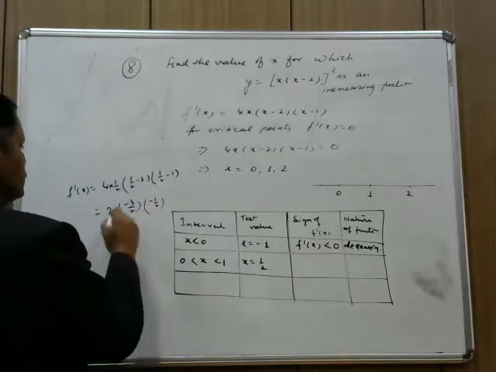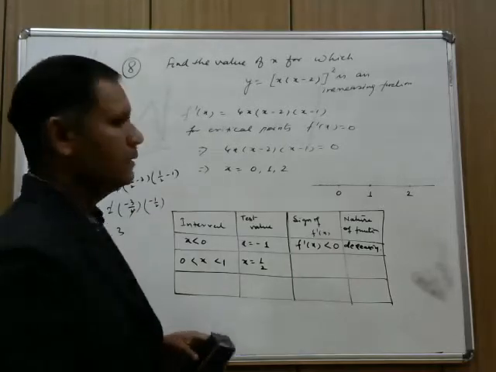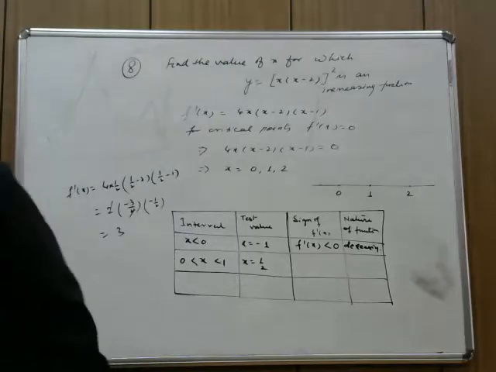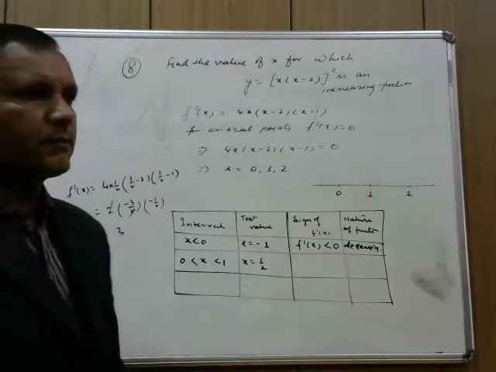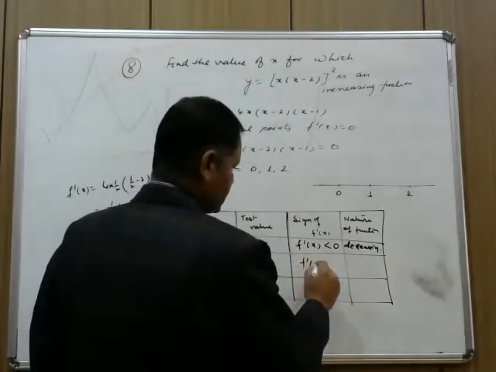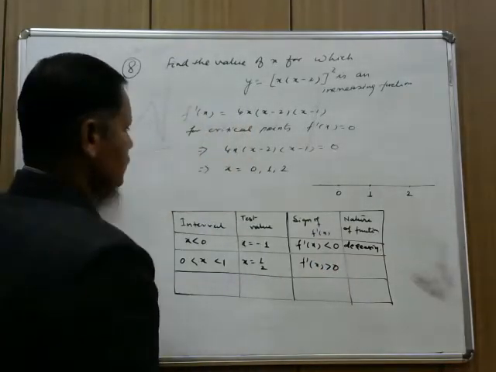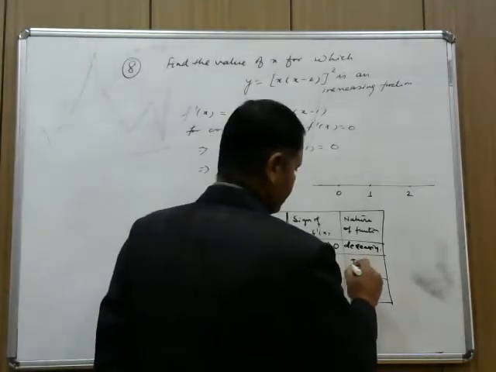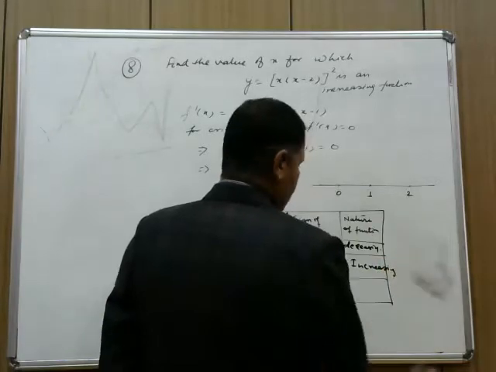It becomes 2 plus 3, minus 3 and minus 1 gives plus 3, which is greater than 0. 6 by 4, which is positive. At x equal to half, it is positive. That's why here f dash of x is greater than 0. When f dash of x is greater than 0, the nature of the function is increasing.